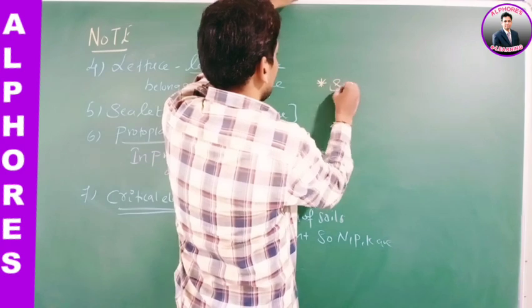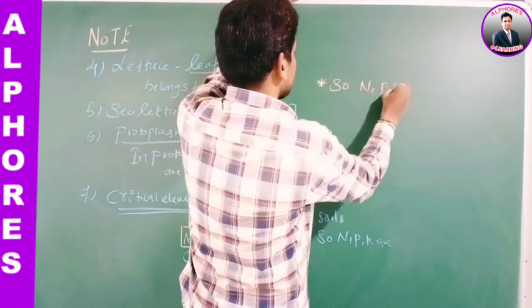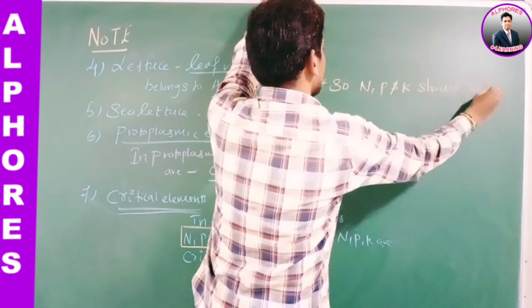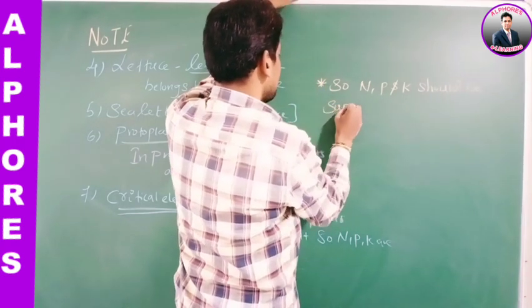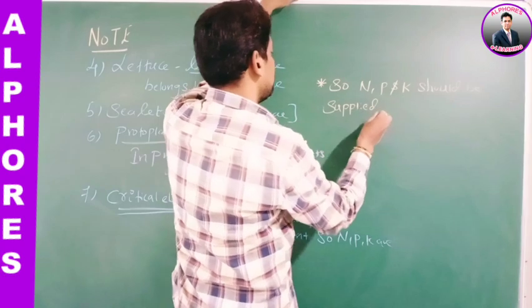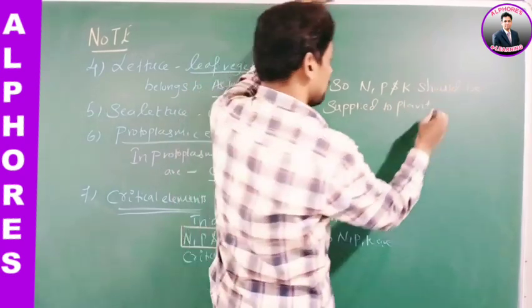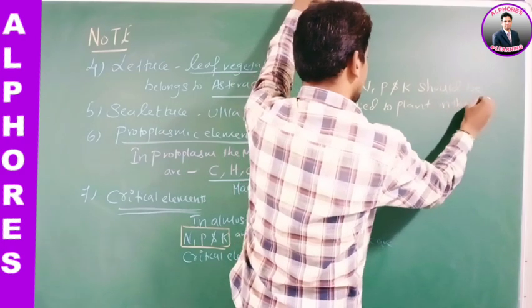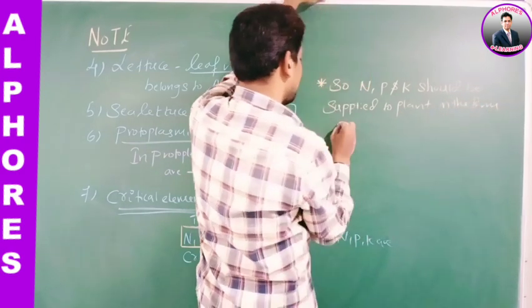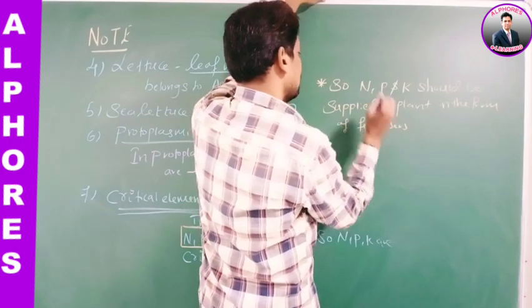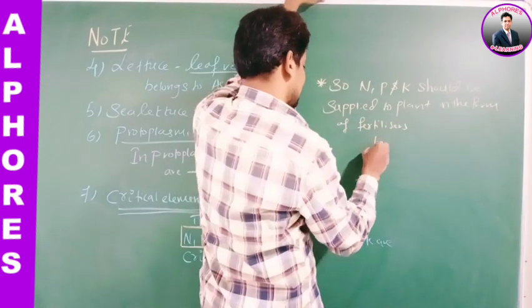So nitrogen, phosphorus and potassium should be supplied to the plant in the form of fertilizers. How are the fertilizers named?